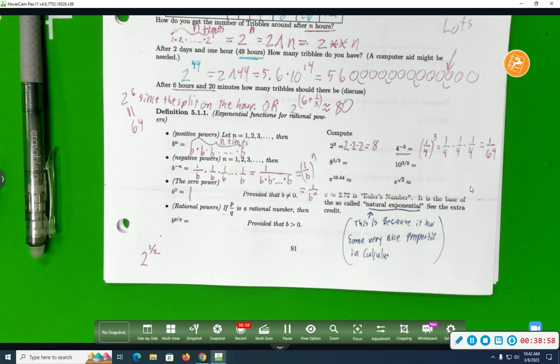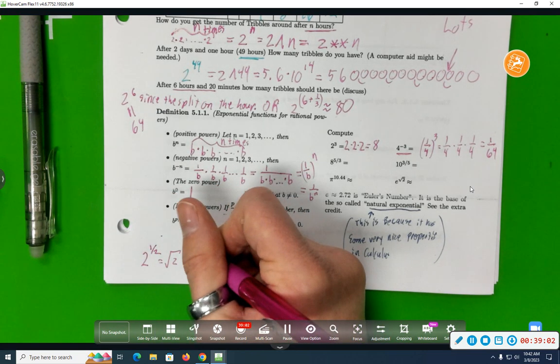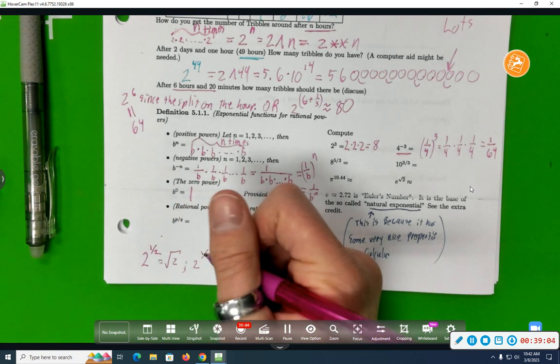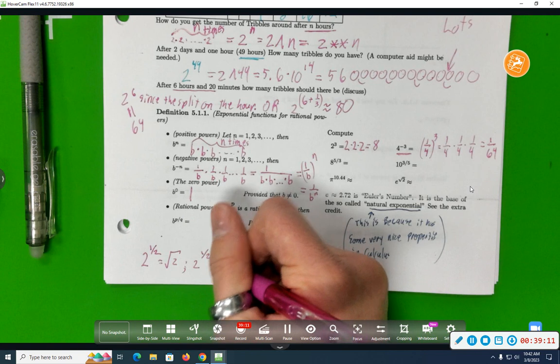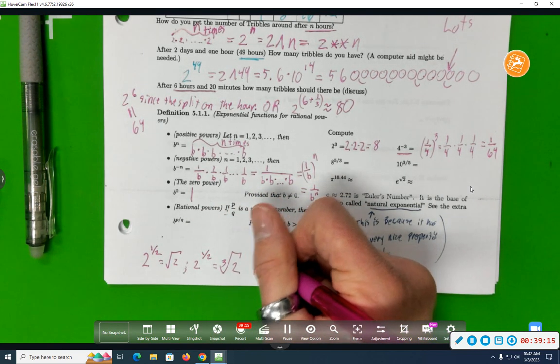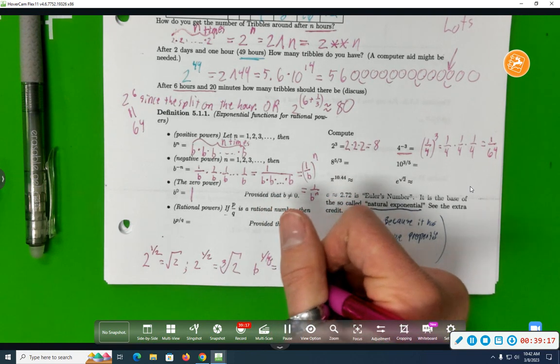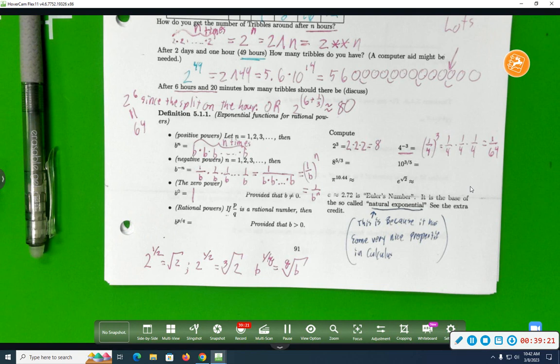So 2 to the 1/2 should be root 2. 2 to the 1/3 should be like the opposite of cubing. What's the opposite of cubing? In general, b to the 1 over q is another way of saying the qth root of b.